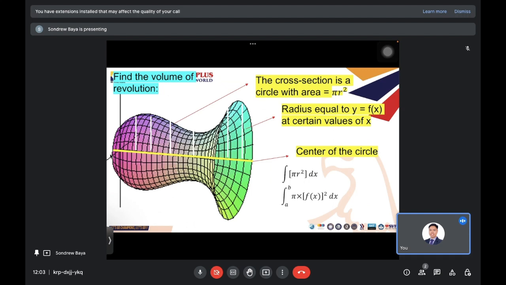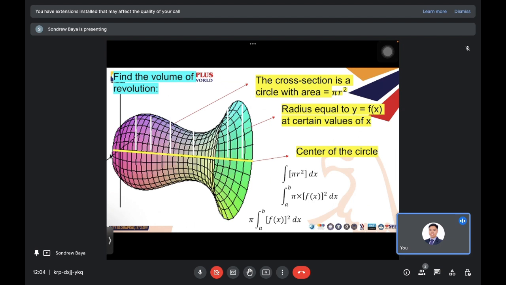Since pi is simply a constant, we can simplify this by putting pi outside. Hence, the volume of this solid object made from rotating the curve about the x-axis will just be equal to pi times the integral of f of x squared from boundaries a to b. And this is now the formula for the volume of revolution.